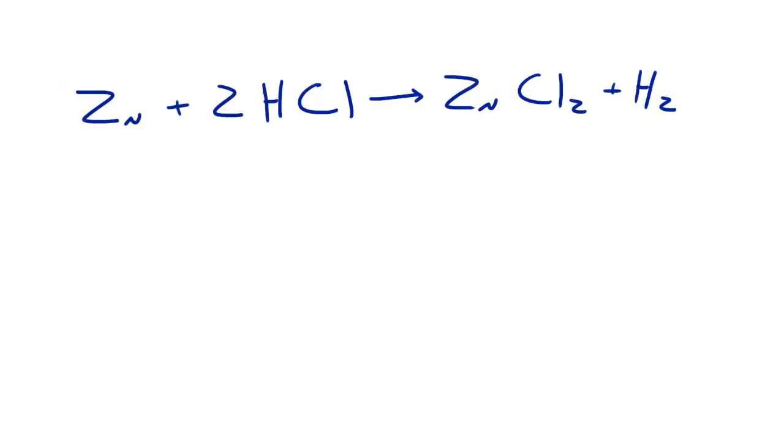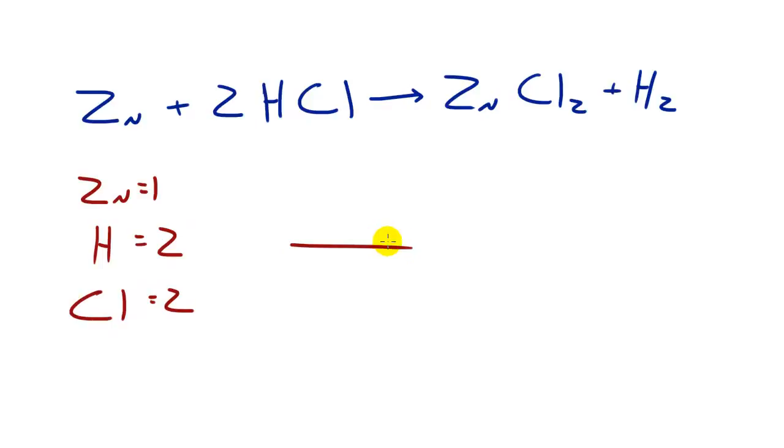If we balance this, because it's a little bit different, we have 1 zinc on the left hand side, and we have 2 hydrogens, and we have 2 chlorines. Of course we want to make sure we started with the same amount of stuff that we ended up with, so let's count our zincs. 1 zinc. Our hydrogens, we still have 2 of those, and our chlorine, 2 of those.